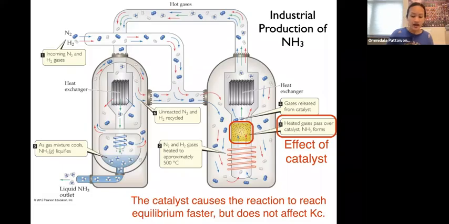This industrial production of ammonia fits into the concept that we saw earlier. In order to produce more NH3, we need to make sure that we have, first, high pressure, and second, high concentration of the reactant, which we do because the reactant is being fed.